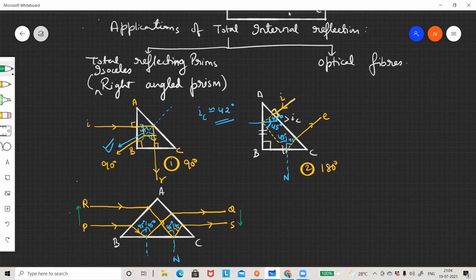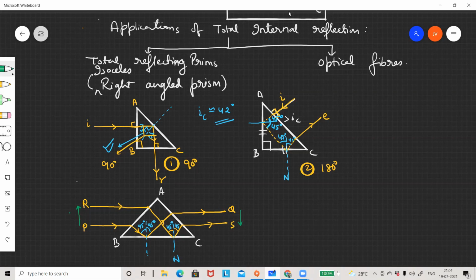Those two plane mirrors are placed at the ends of the hollow cylindrical tube, parallel but kept at 45 degrees to the ray of light. And light rays from the object will turn by 90, hit this mirror and turn by 90 and reach our eyes.